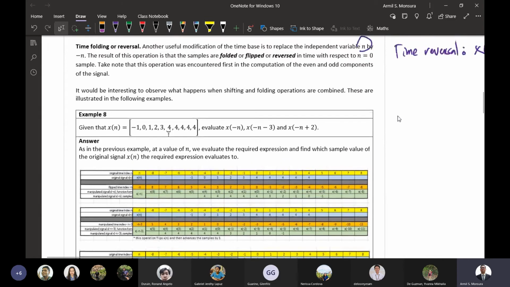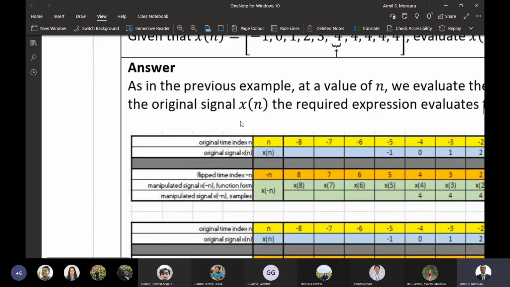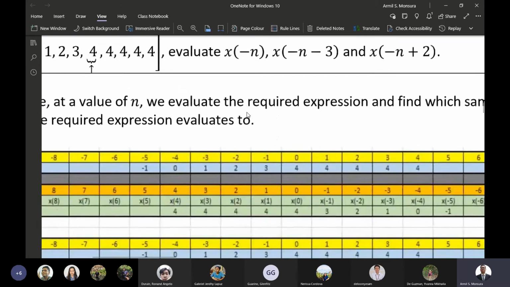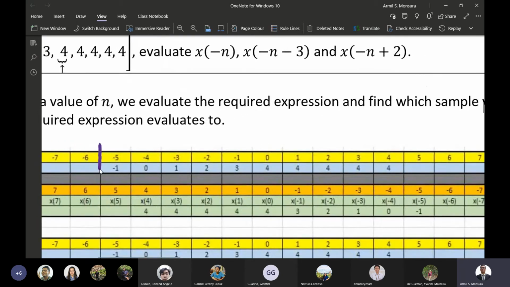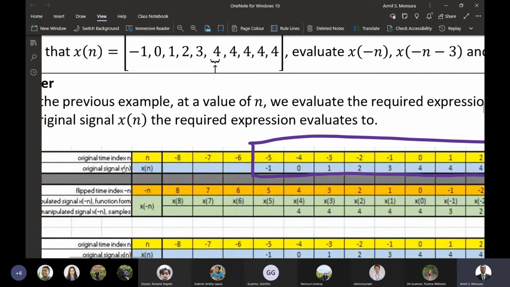Okay? So, again, ito pa rin yung signal niyo. Ngayon, again, pwede niyo siyang tingnan sa perspective ng babaguhin niyo yung time index. Okay?